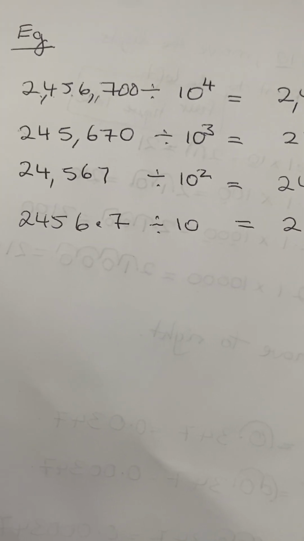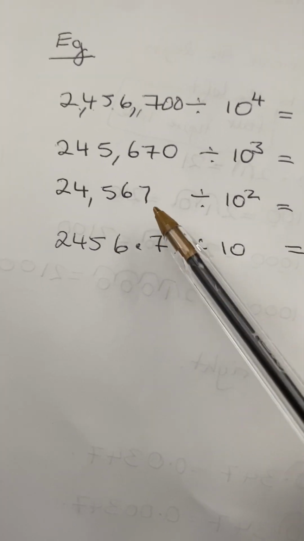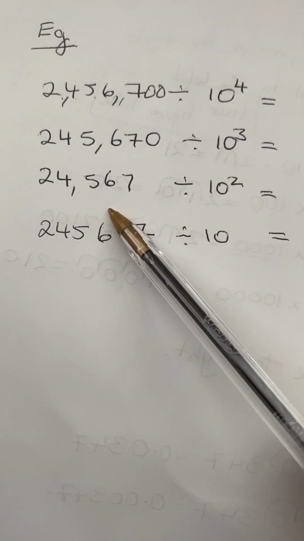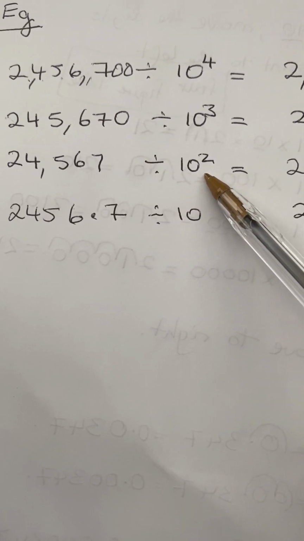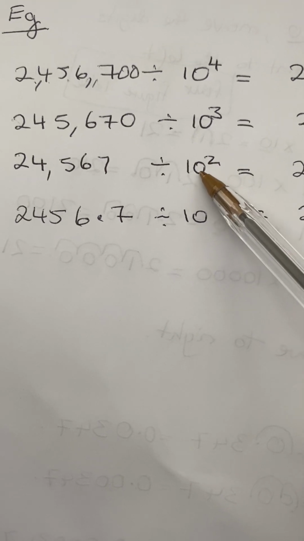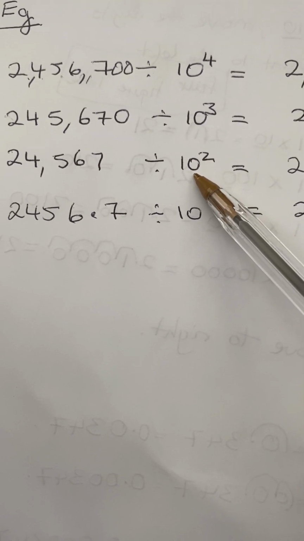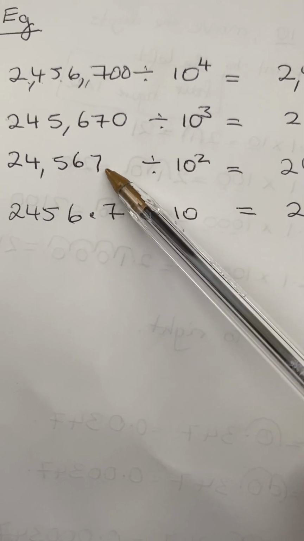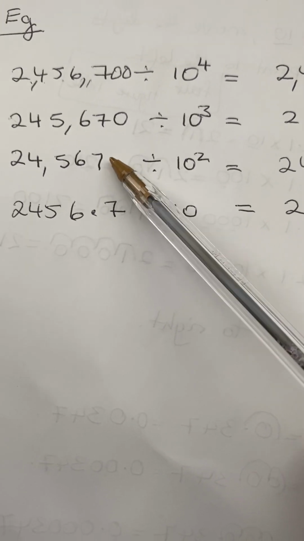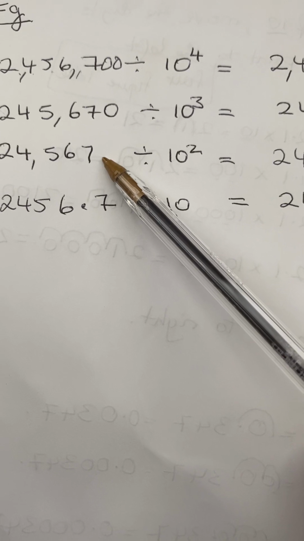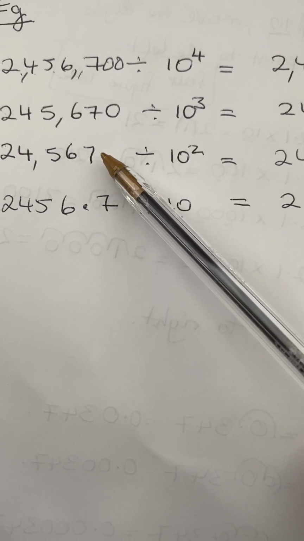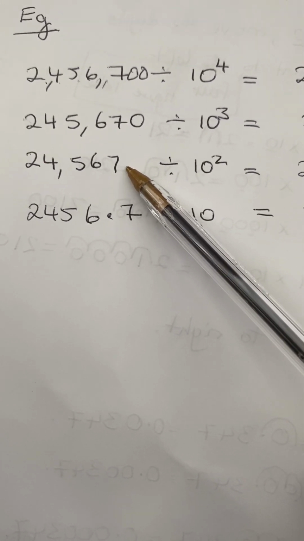Now, the third example is 245.67 divided by 10 to the power 2. 10 to the power 2 here has 2 zeros. And remember, if you have a whole number, the decimal point is at the end of the whole number. So if you have 3, 3 can be 3.0.